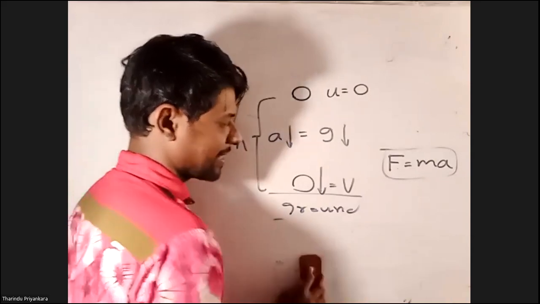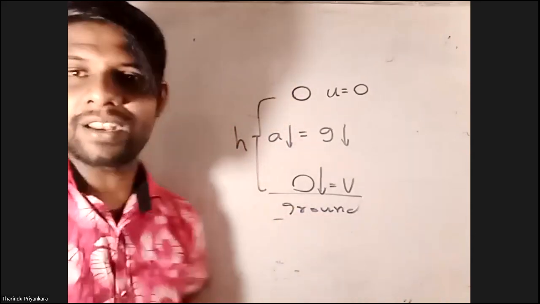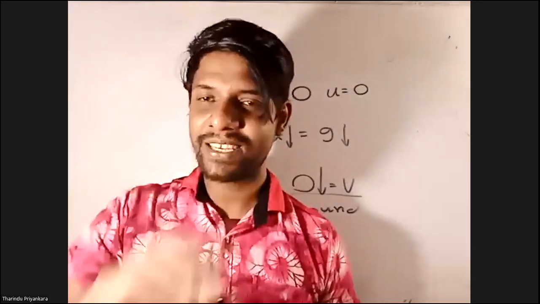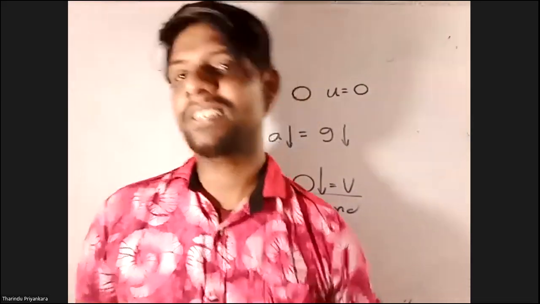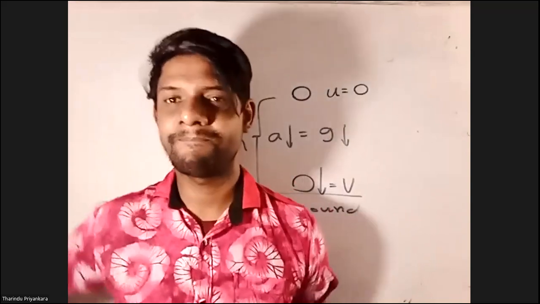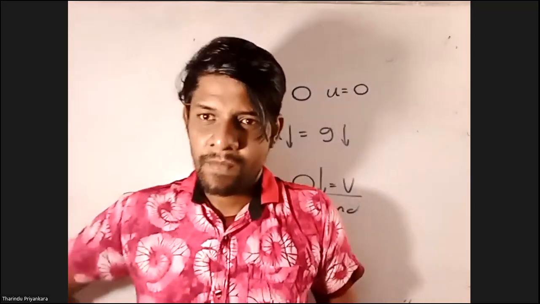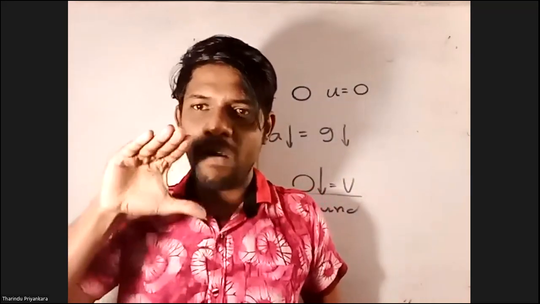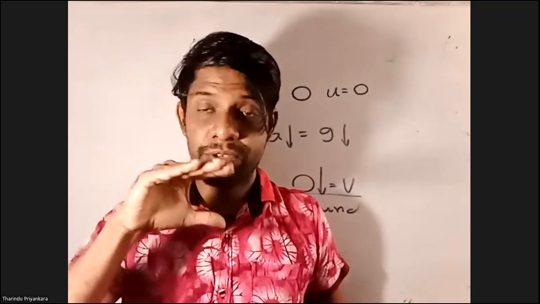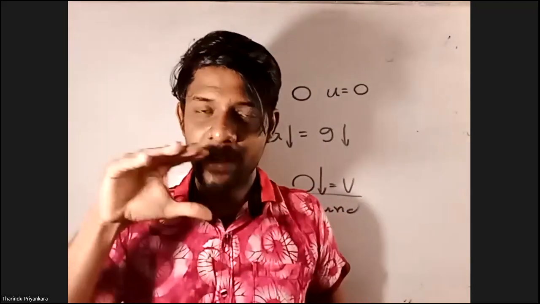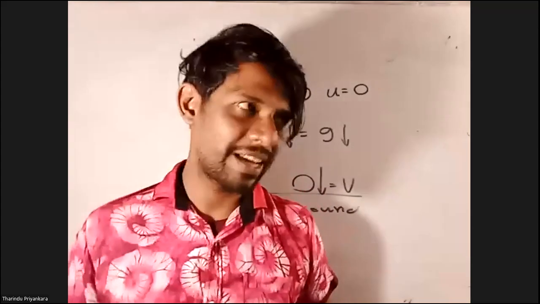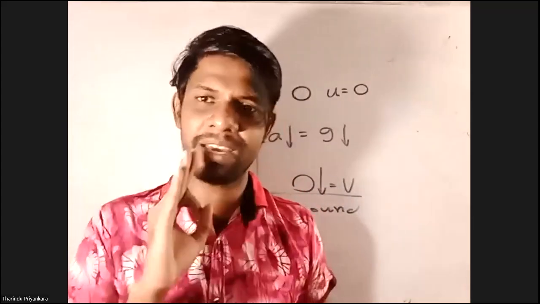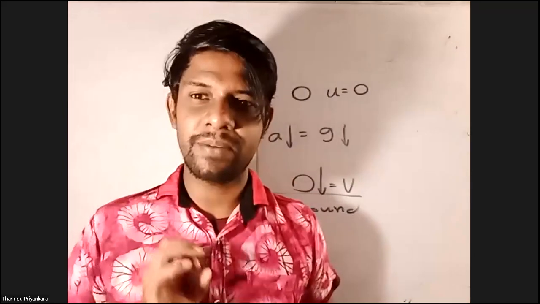Now write: acceleration. The only acceleration is the gravitational acceleration for all the possible motions of motion under gravity. That means, for everything that works with gravity, the only acceleration is what?